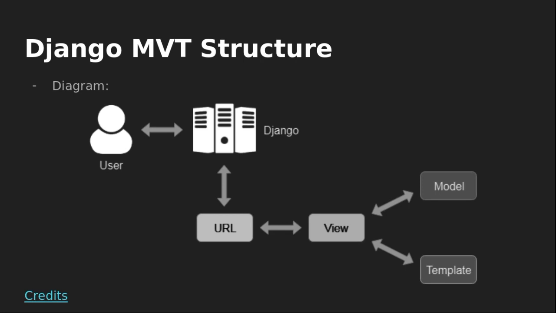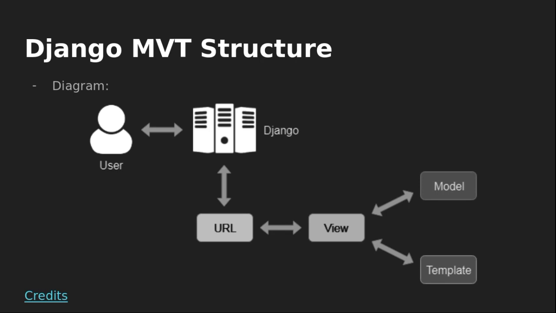So let's see what the use case of this is. Whenever a user requests something from your Django server, for example to return the home page, the Django server will send the request to the URL, which checks whether the URL is valid, whether all the parameters are valid, and things like that.